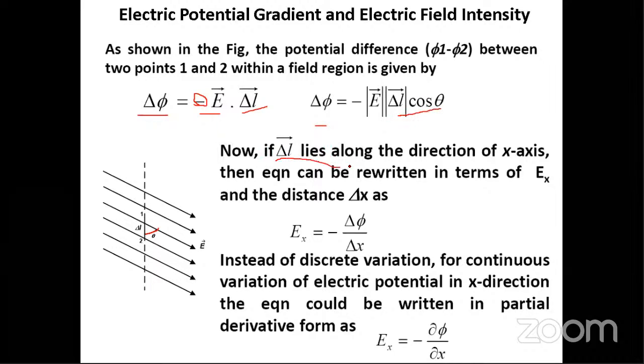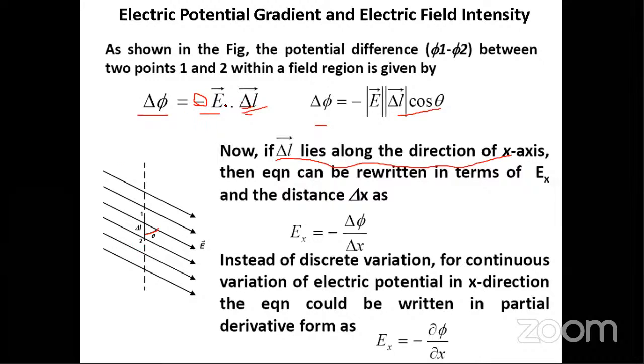If del L lies along the direction of the x-axis, that can be termed del x. So the equation can be rewritten in terms of x: Ex is equal to minus del phi by del x. Just instead of del L, I consider the direction of the x-axis, because here you always have to consider 3-dimensional space. So for every direction you have to consider the value of the electric field intensity.